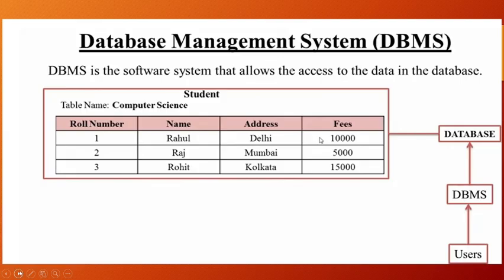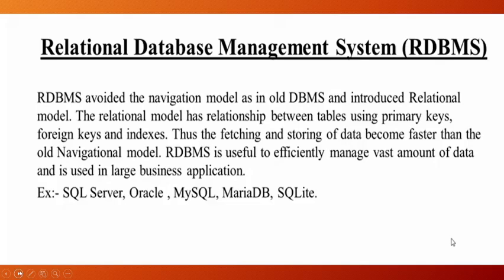We have various types of database models. One of the commonly used models is the relational database model. So when we talk about the relational database model, it's a model which establishes the relationship with respect to the tables with the help of the keys, the primary key majorly, and the foreign key.